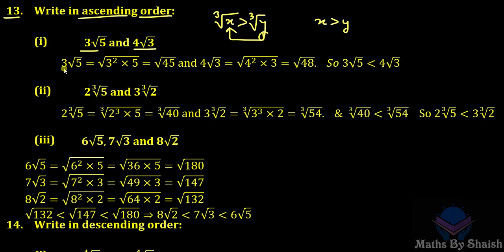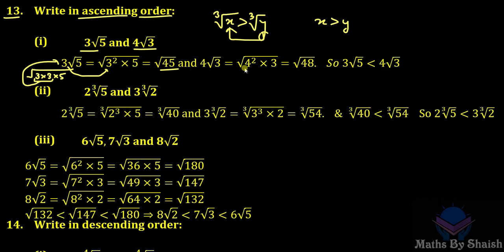So if 3 is outside, we can understand that it has to be inside the root in a pair, then we can take it out. So we can do the reverse process. 3 is outside, so in order to bring it inside, you have to multiply by 3. Same, 3 into 3 we can do, and then we get 45.